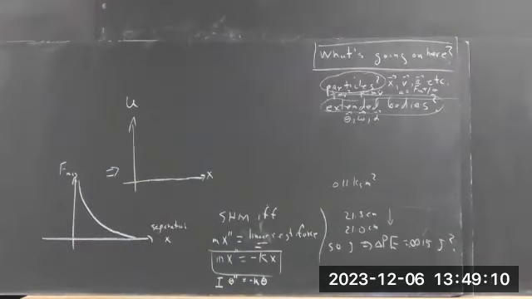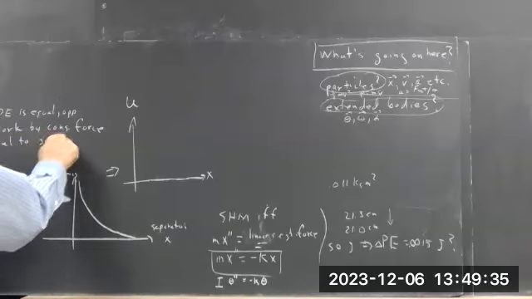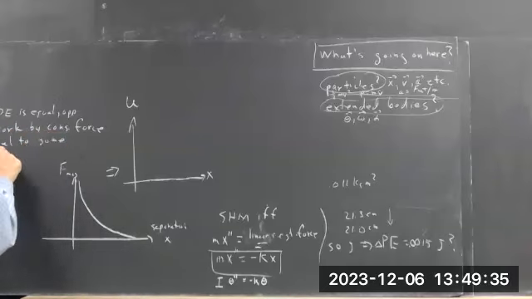The principle is that potential energy is equal and opposite to the work done by the conservative force relative to some reference position.